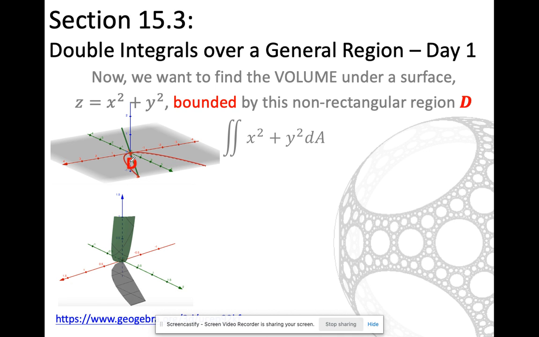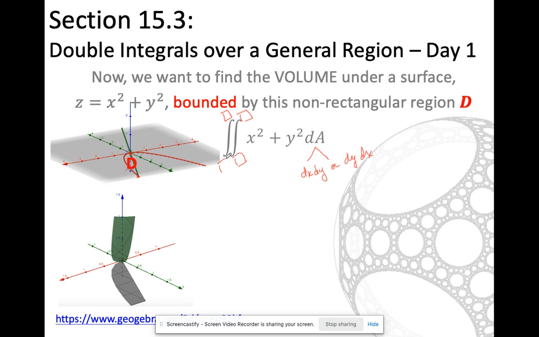But what I need to do is take this region, this D, off of here, and identify the region in the XY plane. Then I want to rewrite delta area in terms of either dx dy or dy dx. And I want to put limits here.